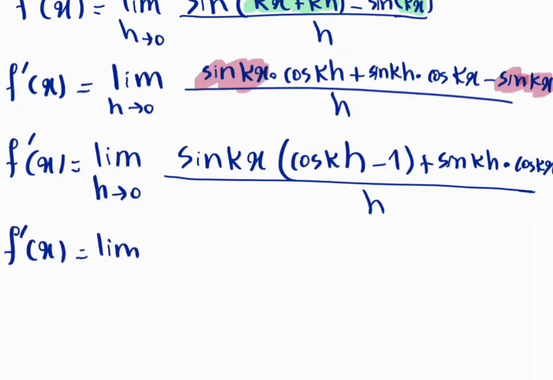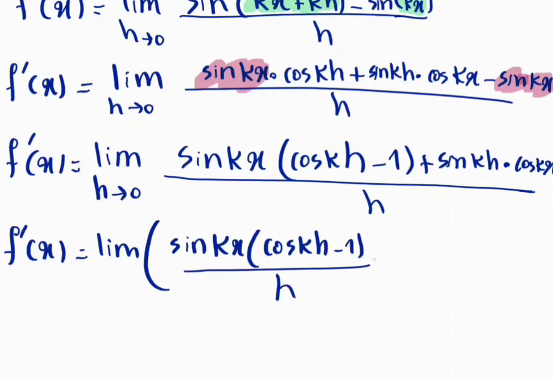So the limit of, now we can split this fraction into two fractions, so let's put the whole thing inside the bracket, so sine kx times cos kh minus 1 over h plus sine kh times cos kx over h, because we are completely allowed to do this.